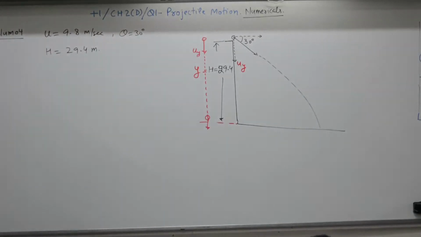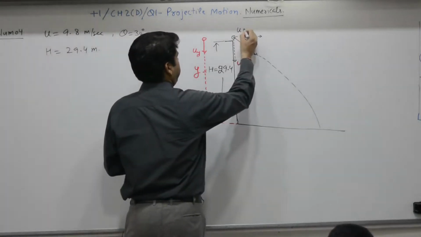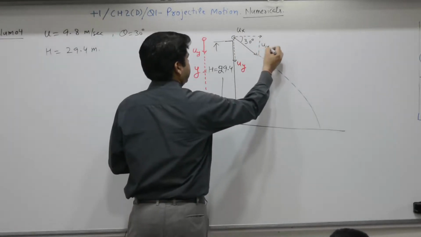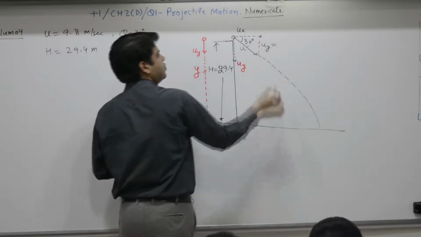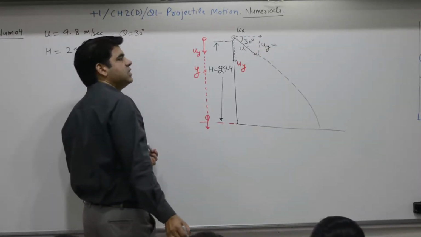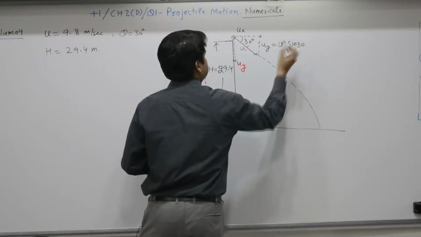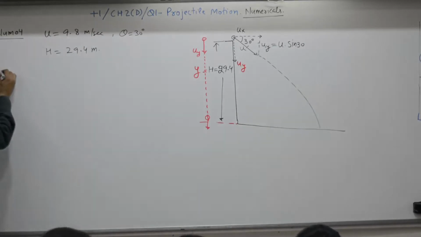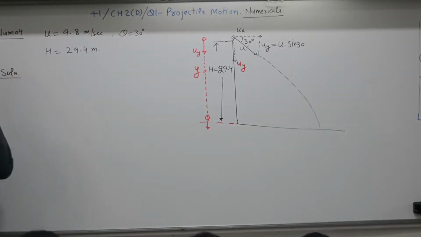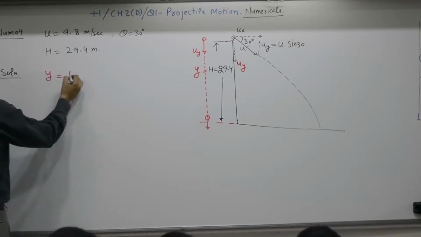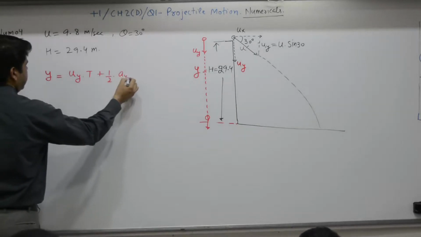Uy is equal to what? Anyone? This is ux. This component is uy. Uy by u, yes, is sine 30. So uy is equal to u sine 30. So the concept is, formula along vertical direction: y is equal to uy t plus 1 by 2 ay t square.